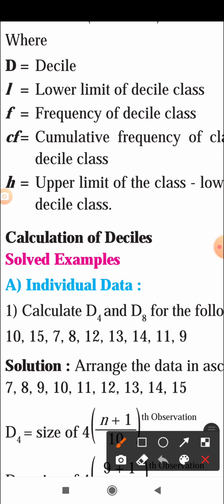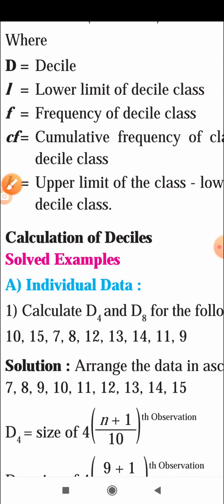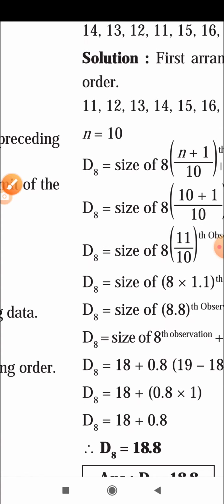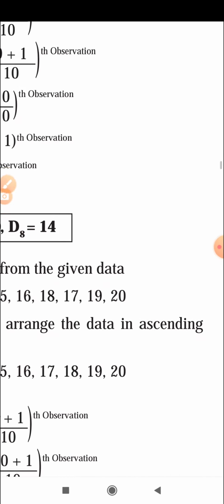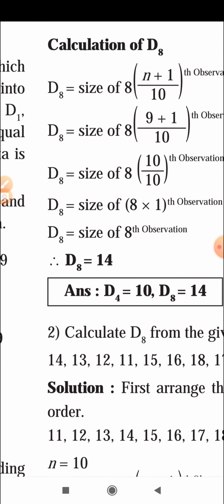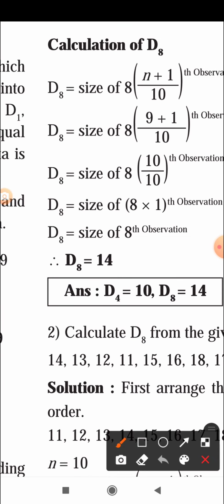So eighth observation: first observation, second, third, fourth, fifth, sixth, seventh, and eighth. So our answer is 14. D8 is equal to 14.